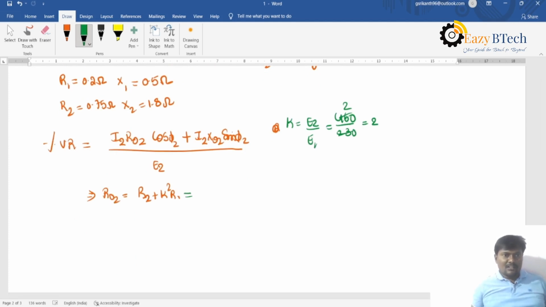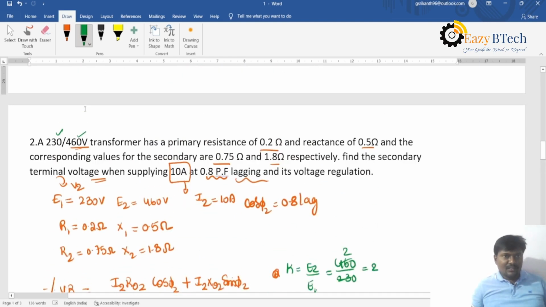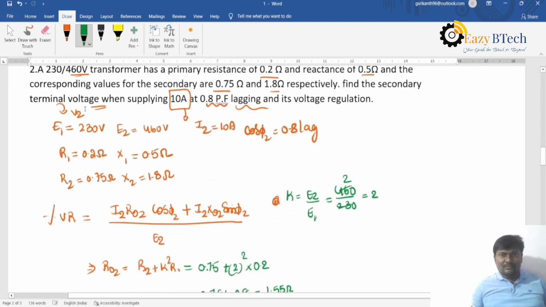So now R02 is 0.75 plus 2 whole square into R1, which is 0.2. So 0.75 plus 4 into 0.2 is 0.8. The value which I am getting is 1.55 ohms. And similarly, you can calculate X02 is equal to X2 plus K square times X1.